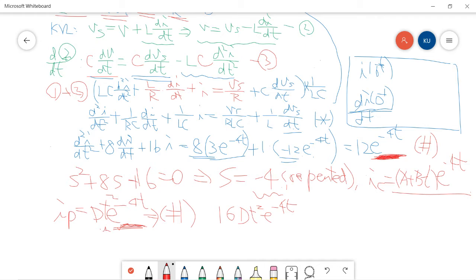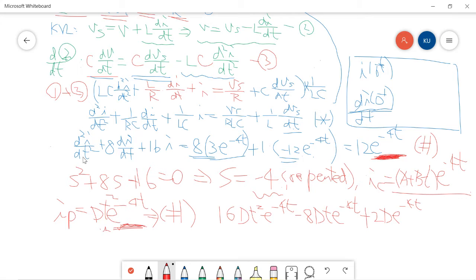So it will become 2 times minus 4, which is minus 8 dt exponential to minus 4t. And then we have the second order derivative of this one, which will be nothing but a 2. So it is 2d exponential to minus 4t.